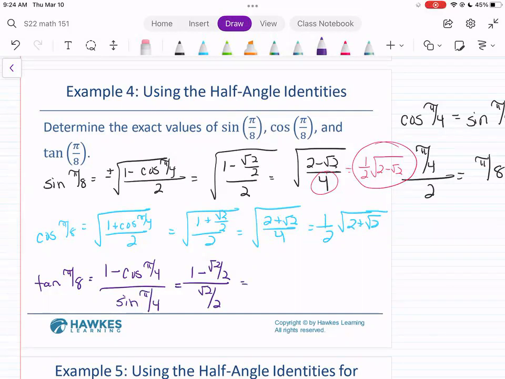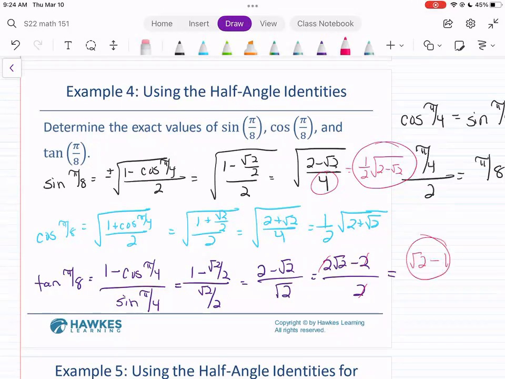When we deal with that complex fraction, we get 2 minus the square root of 2 over the square root of 2. If we rationalize the denominator by multiplying by the square root of 2 top and bottom, we get 2 square roots of 2 minus 2 over 2. Then the 2's all divide out, leaving us with the square root of 2 minus 1.